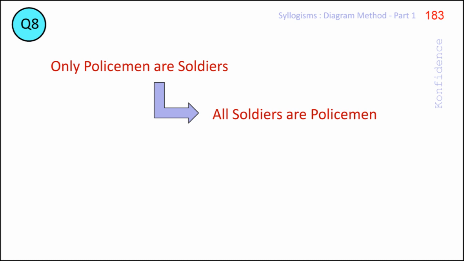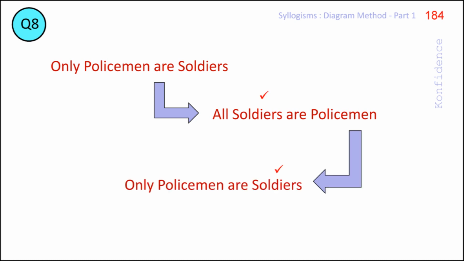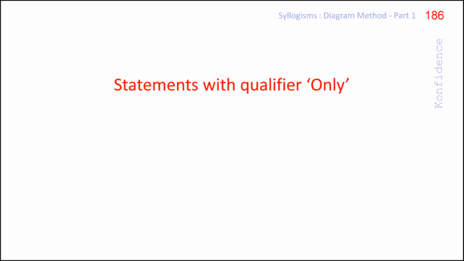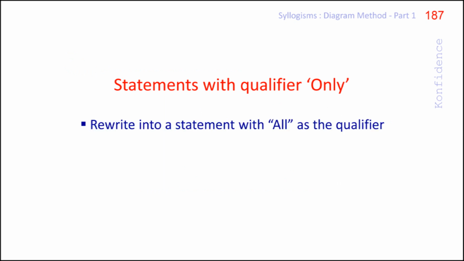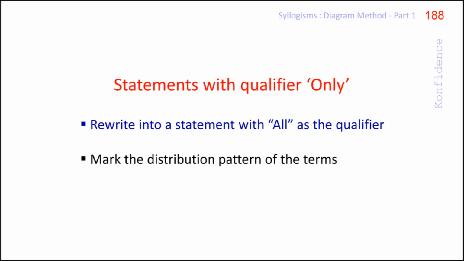"All soldiers are policemen" is a universal affirmative statement for sure, and the distribution pattern is soldiers distributed, policemen not distributed. So when you get statements with the qualifier "only", first rewrite it into a statement with "all" as the qualifier and then mark the distribution pattern of the terms.